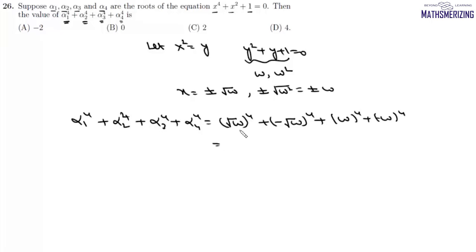Now it will be simply 2 omega square and 2 omega to the power 4. Now we can write this as 2 times (omega square plus omega), and omega square plus omega is minus 1. So this value is simply minus 2, and that's your option A.